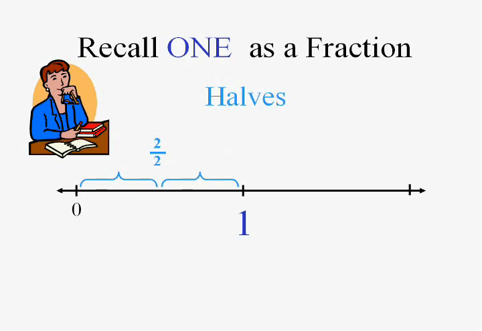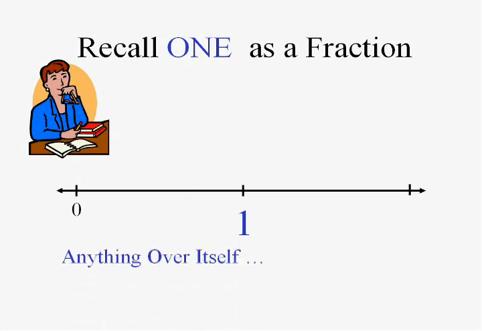Could be 2/2, could be 4/4. See a pattern? Anything over itself, 3/3, 2/2, 4/4, is always 1.